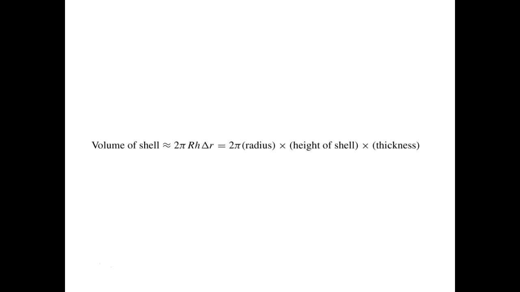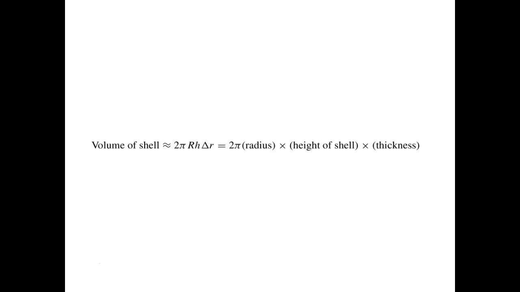That's going to be the volume of any shell. Now, if that radius has to do with the x-axis, that could be a delta x. If it had to do with the y-axis, that could be a delta y. So I sort of wish they didn't throw in that r there. But this capital R is the radius from whatever the axis of rotation is to the point in question.